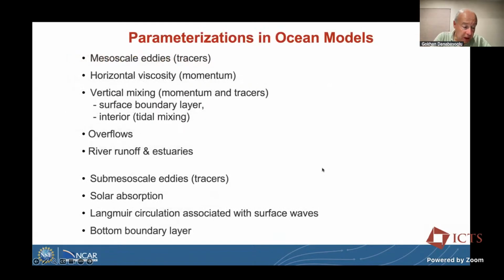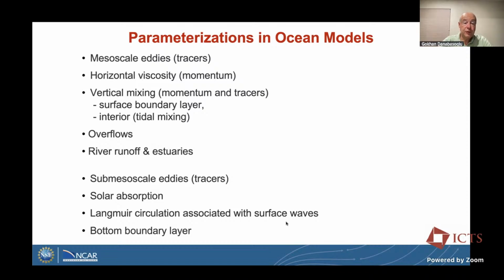There are many parameterizations in ocean models, and some of them are listed here. Mesoscale eddies are used mostly for tracers. We have the horizontal viscosity parameterization, that's for momentum equations. We have the vertical mixing, valid for momentum and tracers. We have the overflows, and I'll talk about that a little bit more.